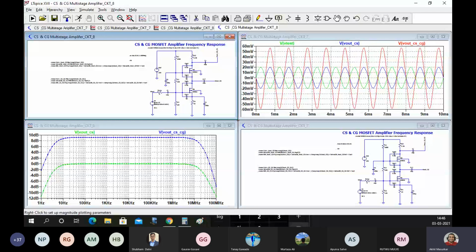Yes, everybody should show me the output. Ayush, are you getting it? Anmol, Ashish, Ashish Wagmare. Niharika, are you getting it?